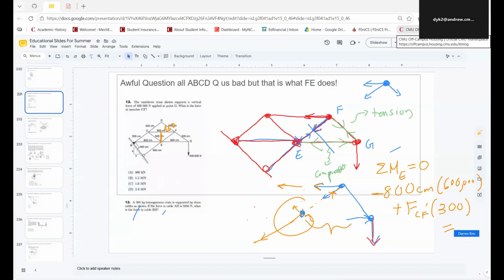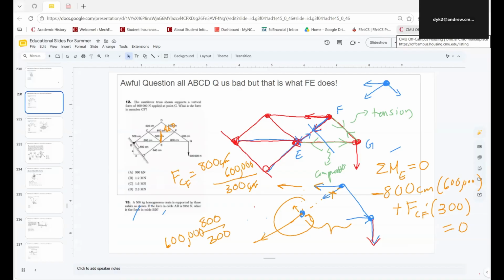That must equal 0. So FCF equals 800 cm, and this is going to be more on the problematic situation of getting the units correctly, which I need to figure out. So 300 cm. So cm cancels out. So basically, what that means is 800 divided by 300 is fine, and then you're just going to multiply by 6,000,000. And mega usually indicates 6, so we're good about that.